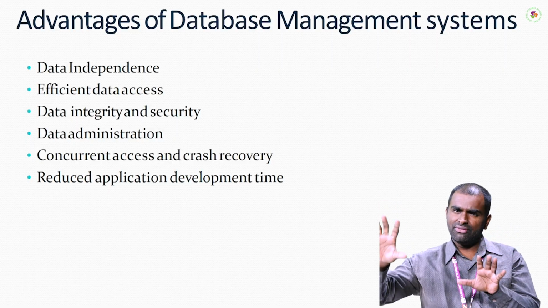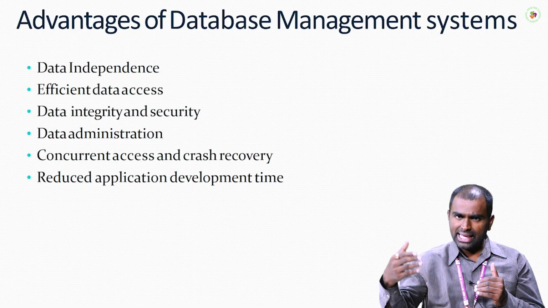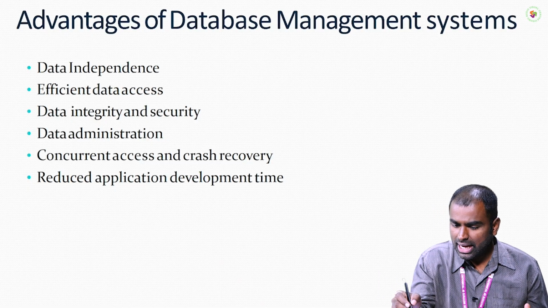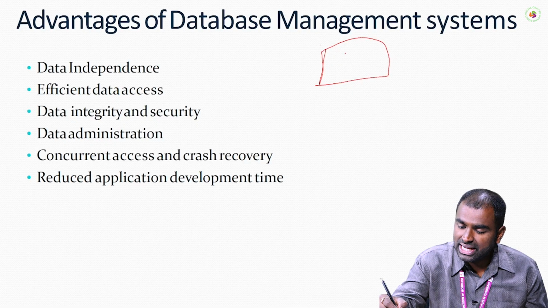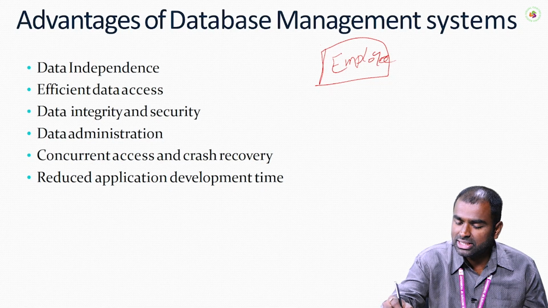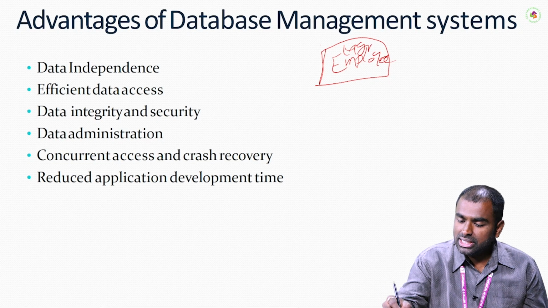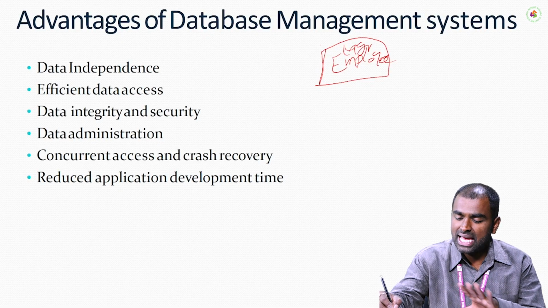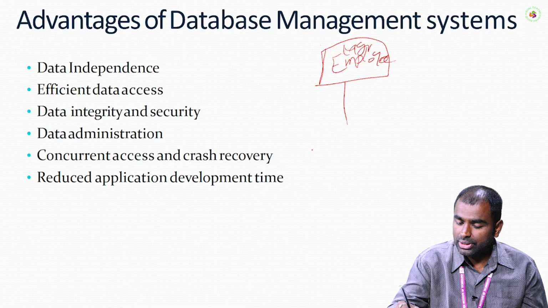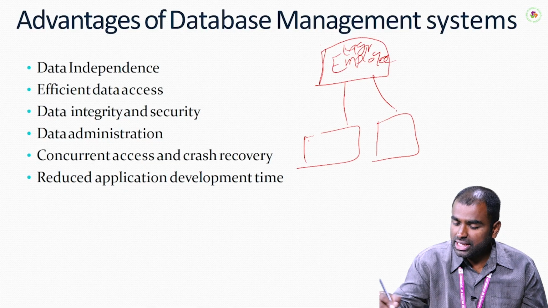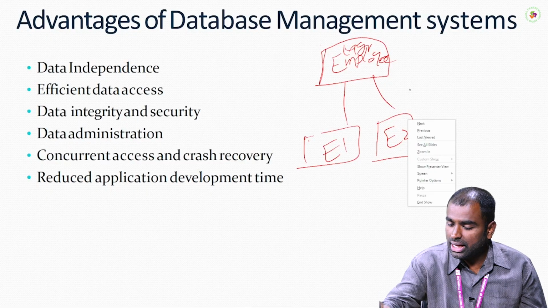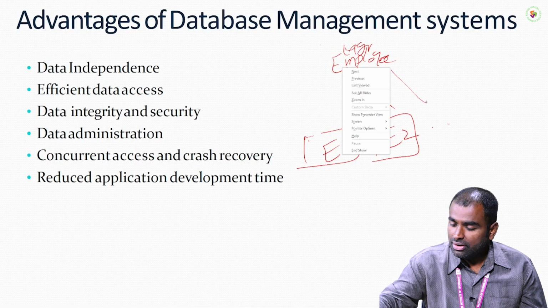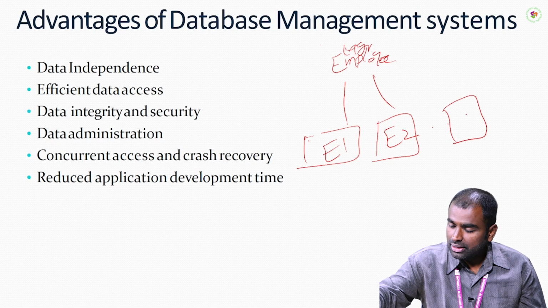Those tables are at different levels, for example hierarchical. In the hierarchy, at the higher level we have management, or simply an employee, a manager-level employee. This manager-level employee has some permissions which cannot be exercised by others. Under the manager we have several employees: employee 1, employee 2 and so on, up to employee n.